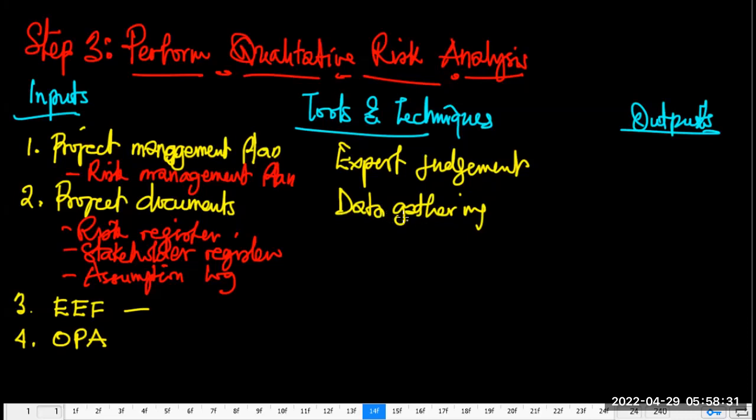It's also appearing here, data gathering and data analysis. But the techniques you need for qualitative risk analysis may be different from risk identification, right? So let's see some of them.